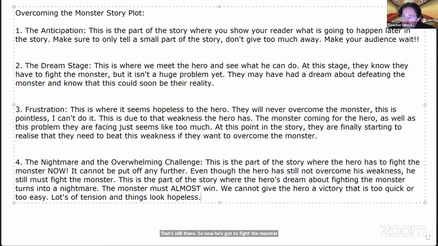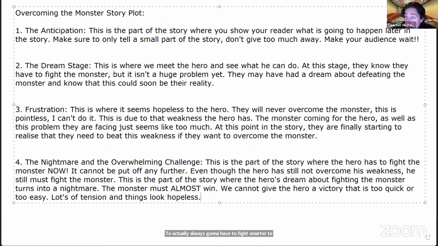So this is the part of the story where the hero's dream about fighting the monster turns into a nightmare. This is where the hero finally realizes just how tough this monster is, and that he's going to have to fight a hell of a lot harder than he has been, or he's going to have to fight smarter to overcome this monster.